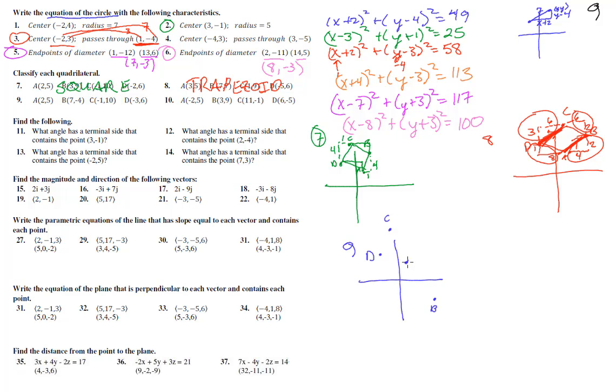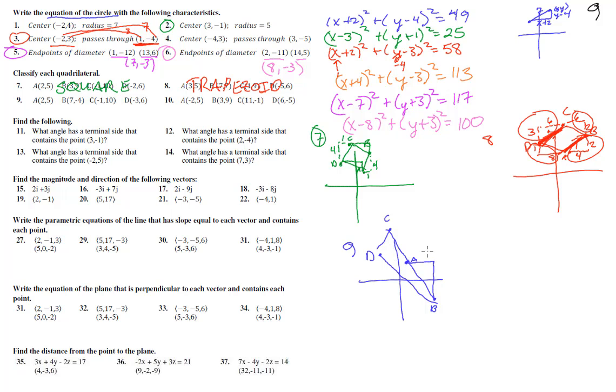Is it possible that this guy right here and these guys right here? Ooh, yeah, I don't know what that's going to look like. Let's check it out. Okay, so from A to B, what's that slope? We're going up 5 and down 9.